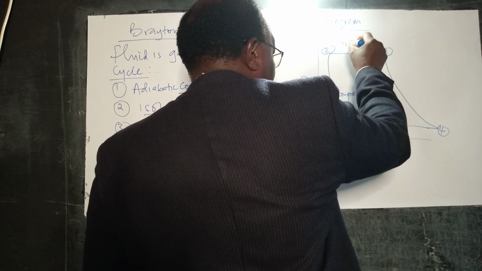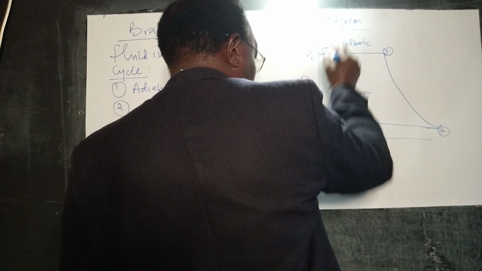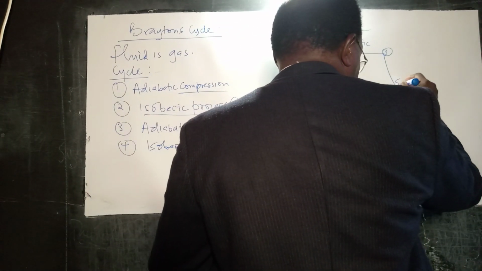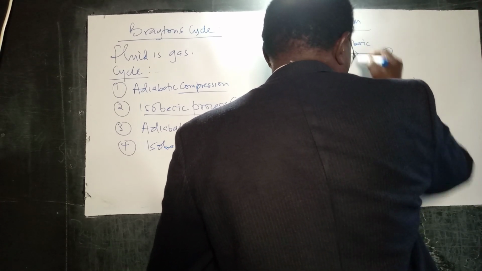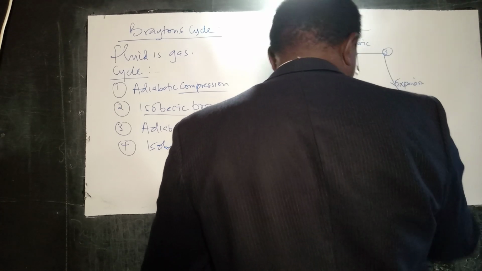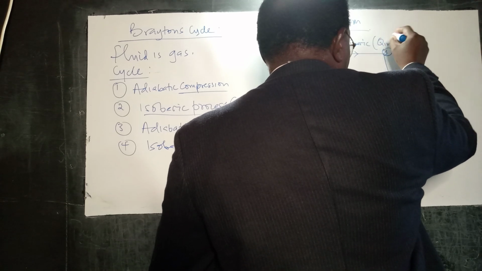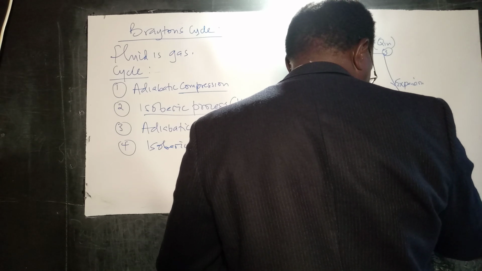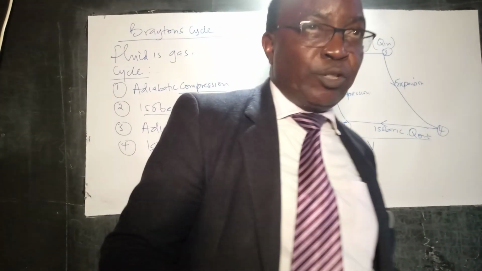This is isobaric. You can see it's constant pressure. Let's call that P2. Let's call that P1. This is an expansion process. And this is also isobaric. Here we have heat being put in. Here we have heat out.